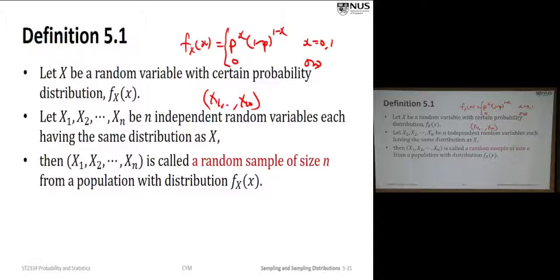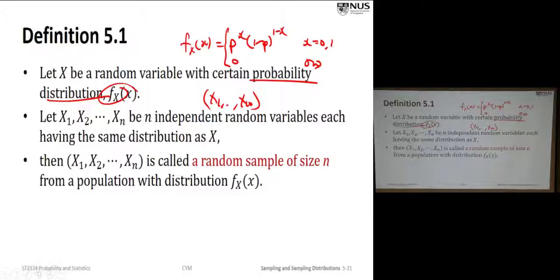If I have not tossed it yet, this set of random variables X1 up to X10 represents a random sample from this infinite population. That's how we understand a random sample in an infinite population. Just remember, for an infinite population, you have to describe it using this f of x, the probability distribution.